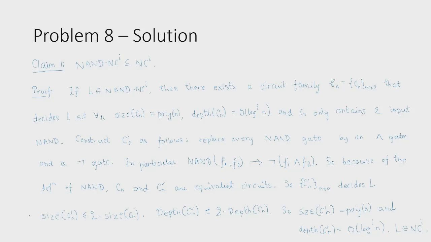Now let's prove the other direction. The overview of the proof is almost the same, but let's look at it.